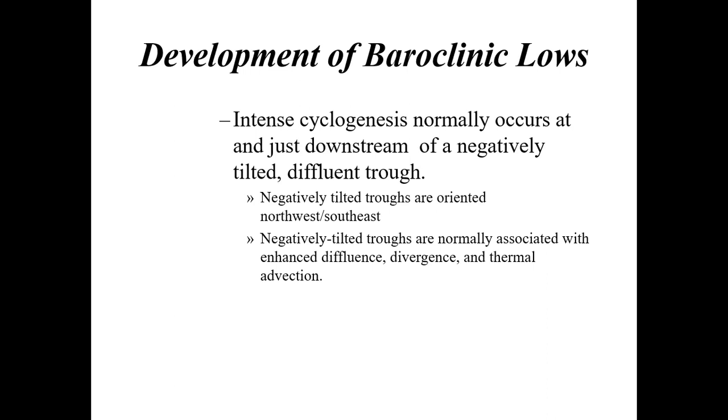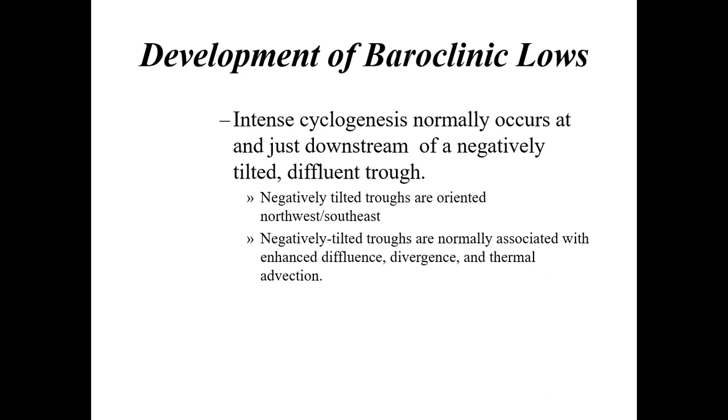Now, negatively tilted troughs, if I were to describe what they look like, are oriented from a northwest to southeast axis. So they basically extend northwest to the southeast. Negatively tilted troughs are normally associated with enhanced diffluence or divergence, or removal of mass aloft, and enhanced thermal advection.